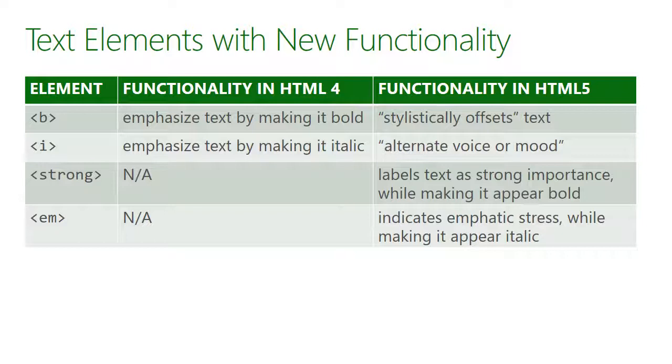Whereas B and I in HTML4 are purely stylistic and don't actually convey anything in terms of meaning. In HTML5 the new tags strong and M will label the text as being of strong importance and also make it bold, and M will indicate emphatic stress while also making it appear italic.